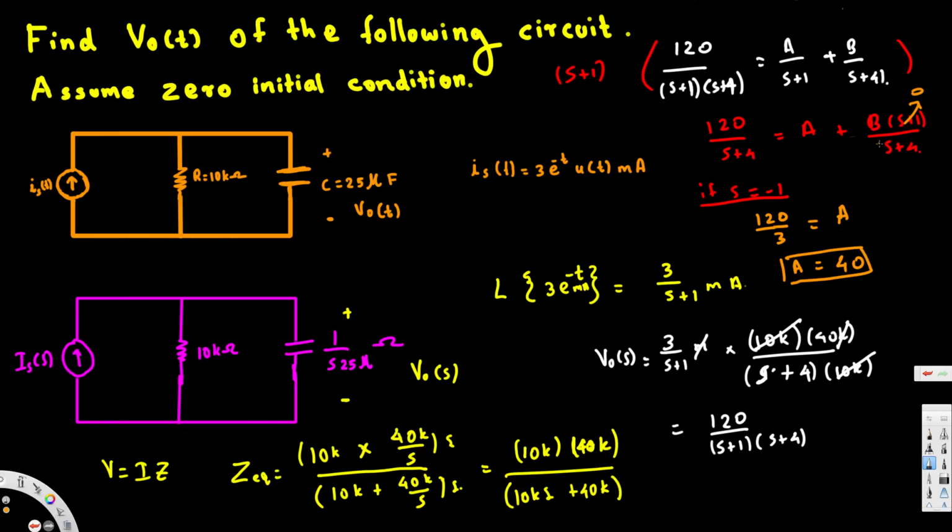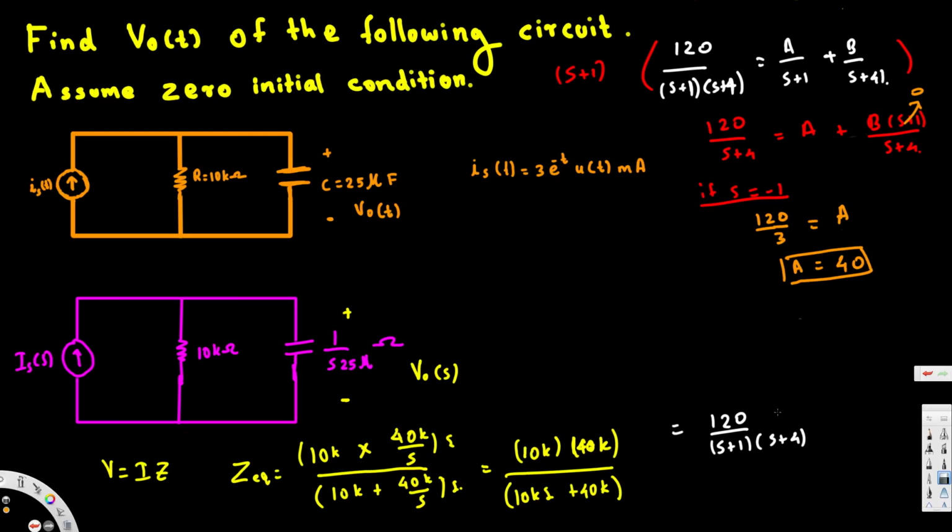Now we have to find our B value. To find that, we can do the same step. We take this 120 over (s plus 1)(s plus 4), and if we multiply everything by s plus 4, we get rid of this denominator.